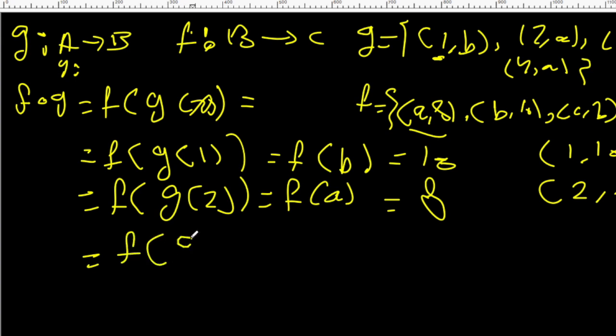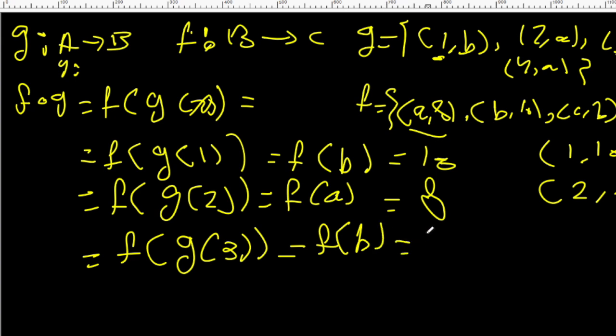Then f of G of 3: G of 3 is B, so what is f of B? Which is 10, and then I have another pair, which is starting from 3 and ending up with 10.